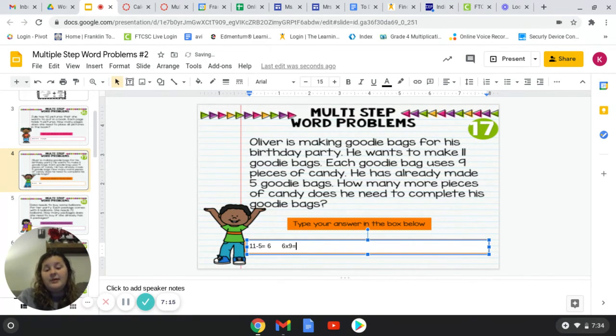So if we solve that problem, 6 times 9, that would give us 54. So he needs 54 pieces of candy to fill his goodie bags.